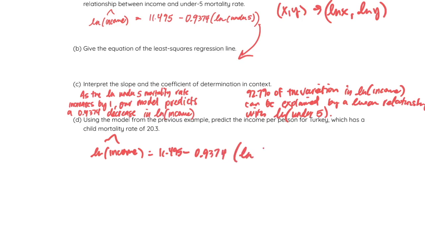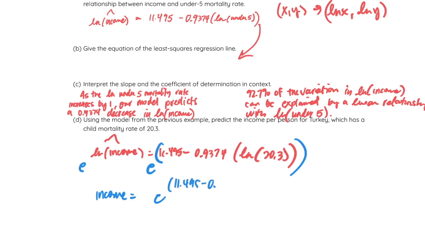So natural log of 20.3. Okay, and to get rid of the natural log, we're going to base e both sides, so we're left with income is equal to e to the power of all this, 11.495 minus 0.9374 times the natural log of 20.3.